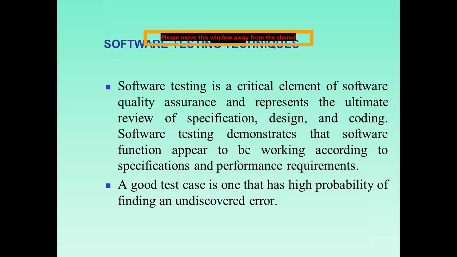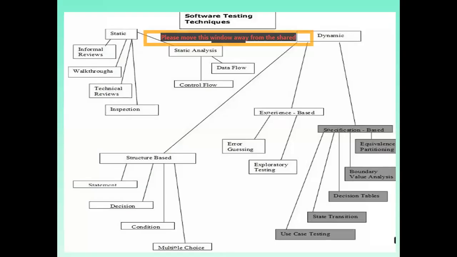For that, we use some software tools, and with their help, first we find those errors, and after that we do the debugging. We correct those undiscovered errors, and ultimately we maintain the quality of the software.